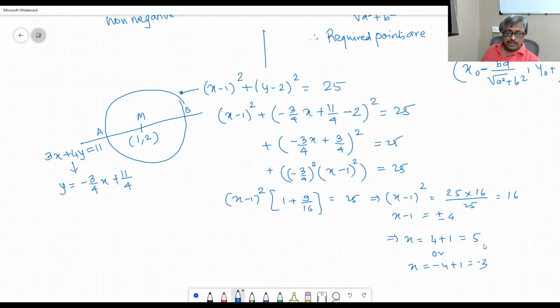And if I substitute this value of x back in this equation, I will get, when it is 5, y is equal to minus 1. And when it is minus 3, y is equal to 5. So we get exactly the same answer.